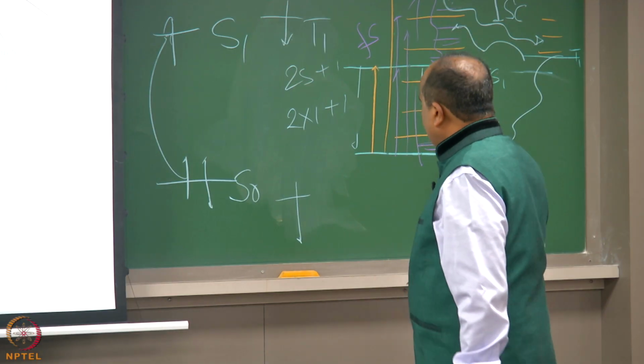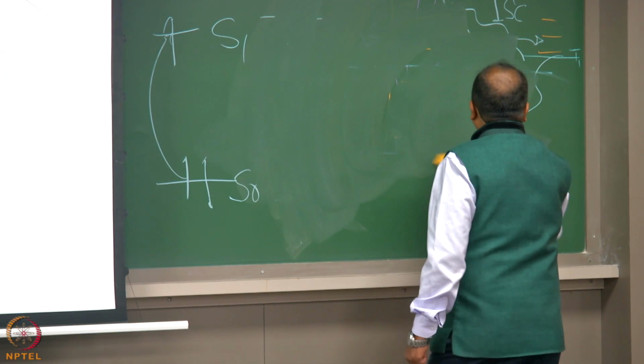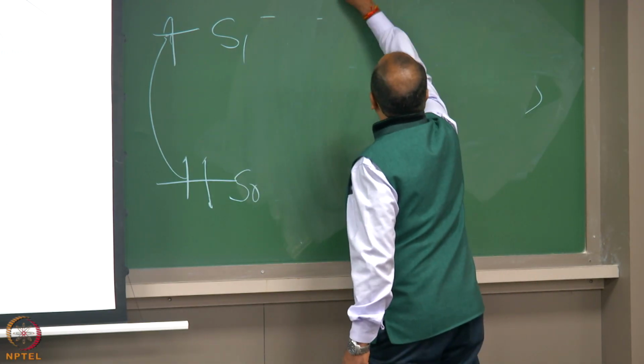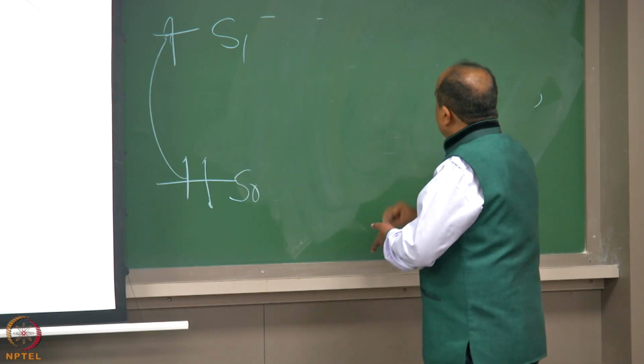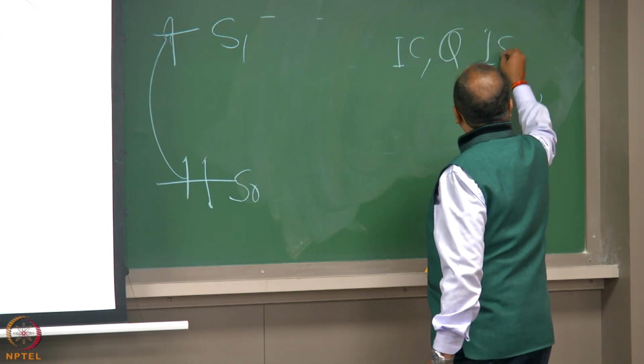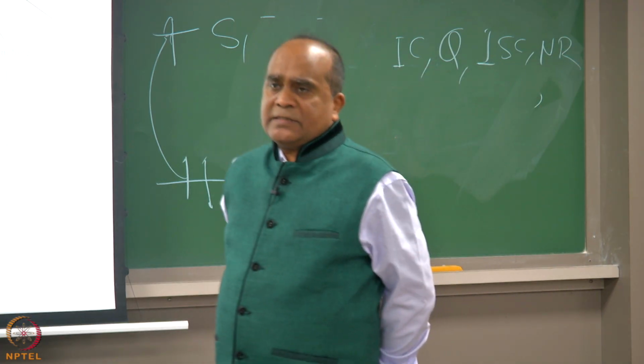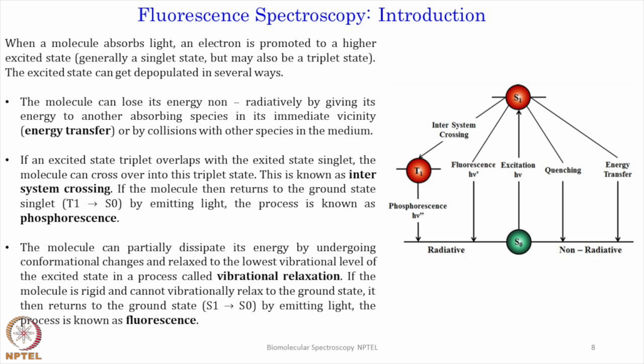If we summarize, what is competitive to fluorescence? Internal conversion, quenching, inter-system crossing, non-radiative processes: all of these compete. So, the fluorescence efficiency can vary from molecule to molecule, because there are many competitive processes to bring the electron down to the ground state.